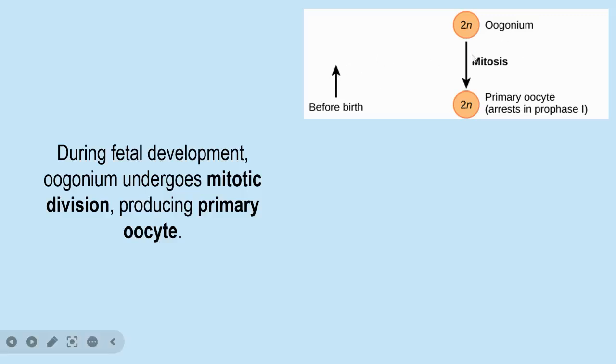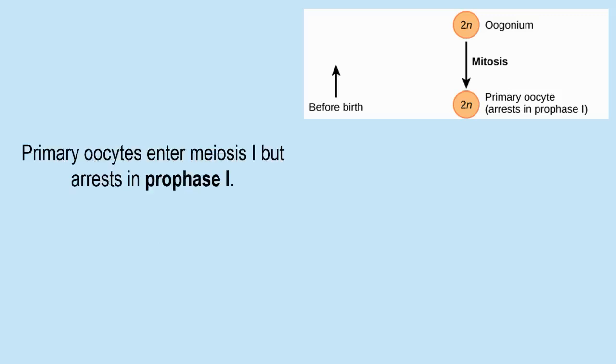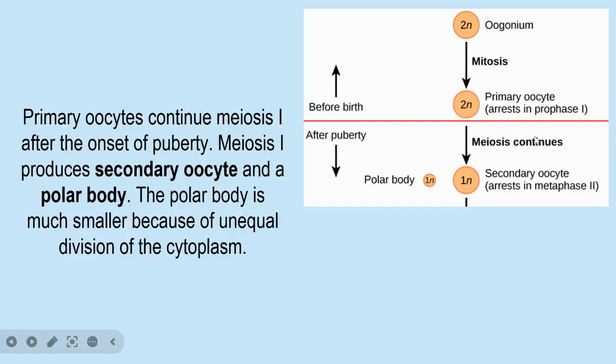Oogonium undergoes mitosis, produces primary oocyte. Primary oocytes enter meiosis I, but arrest in prophase I po. So meiosis continues, produces now the secondary oocyte, and it arrests in metaphase II of the meiosis II.